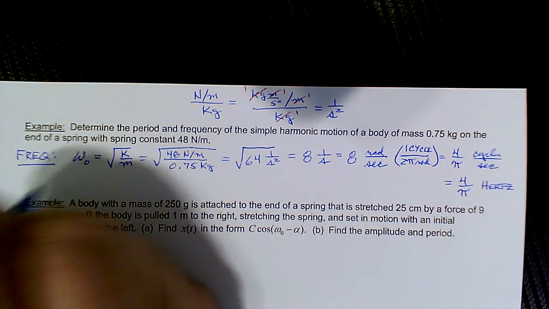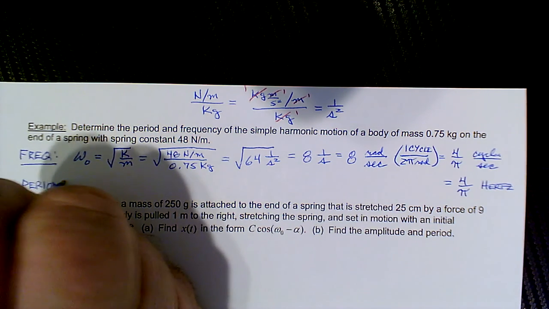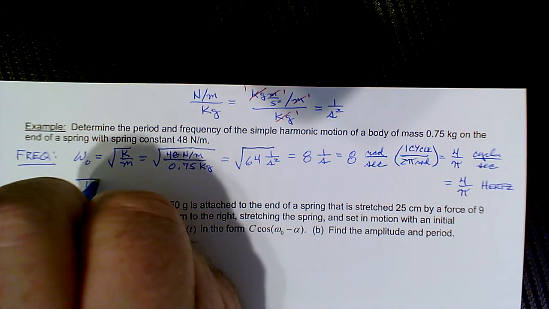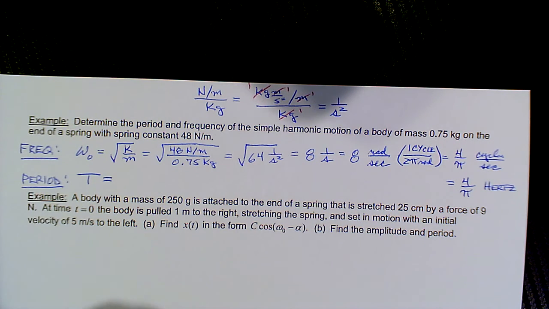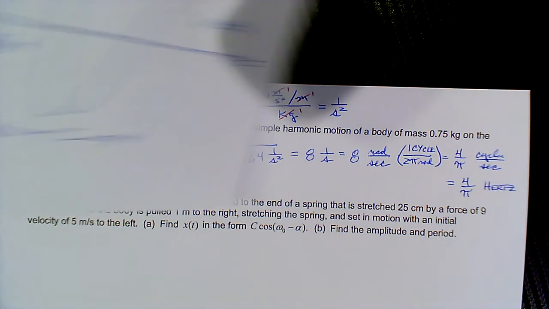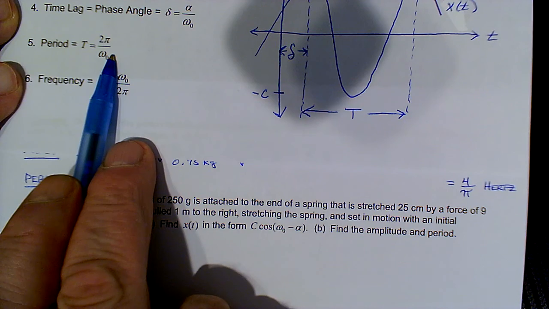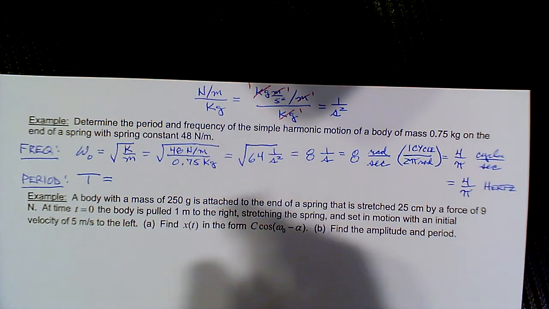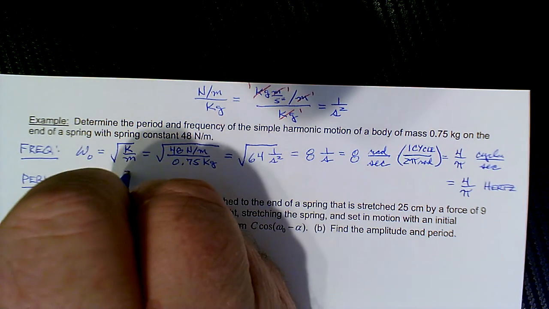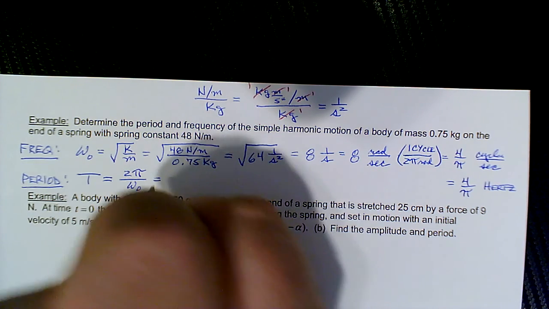But then once we have the frequency, we can get the period, because the period T was defined to be 2 pi over omega sub 0. So that was from our graph here. T is 2 pi over omega sub 0.